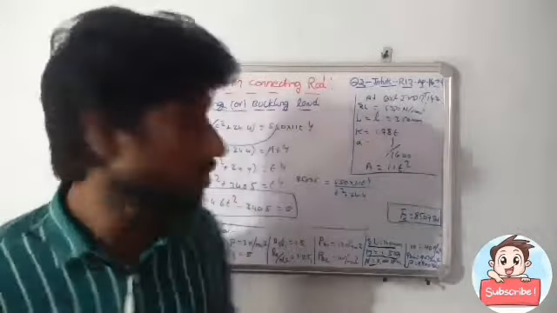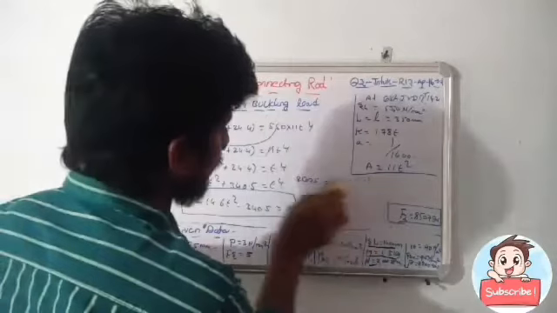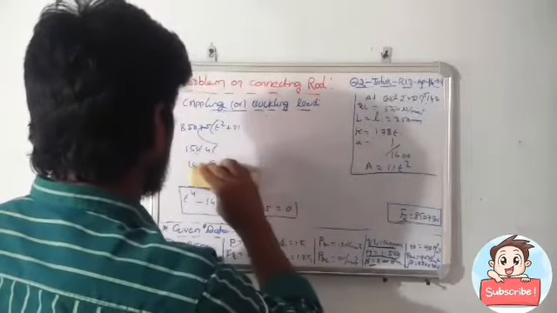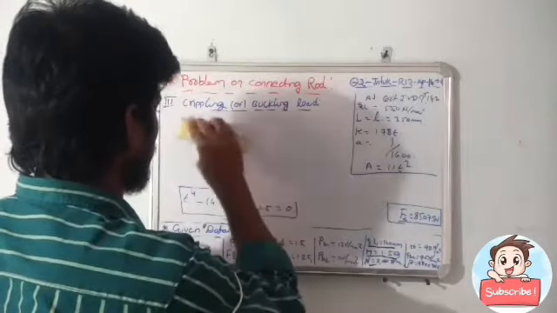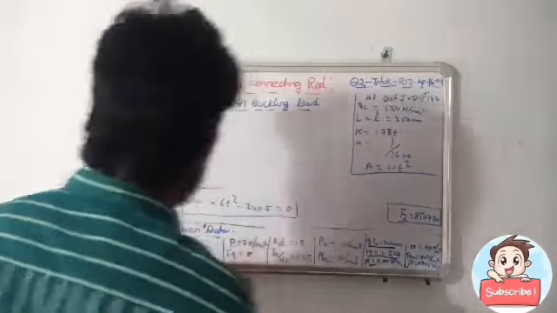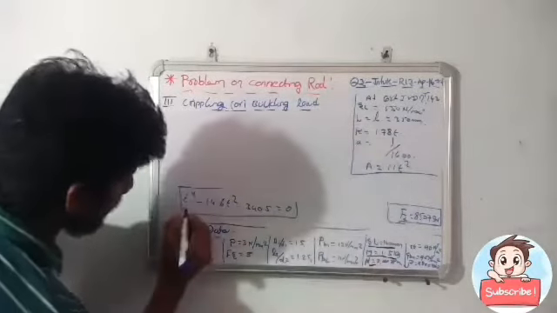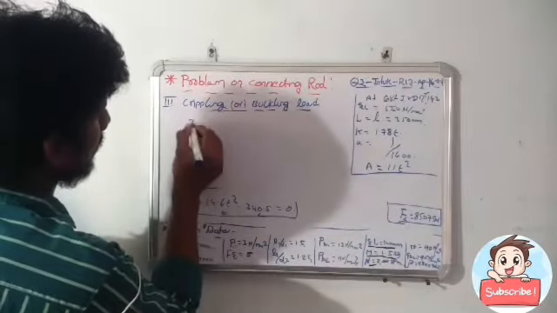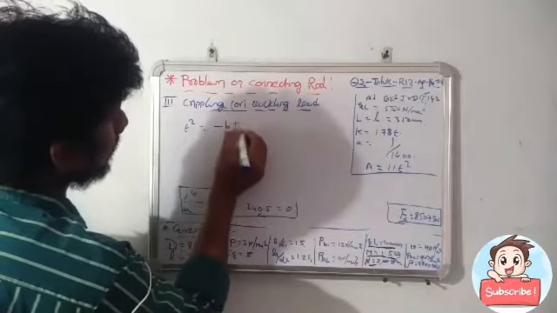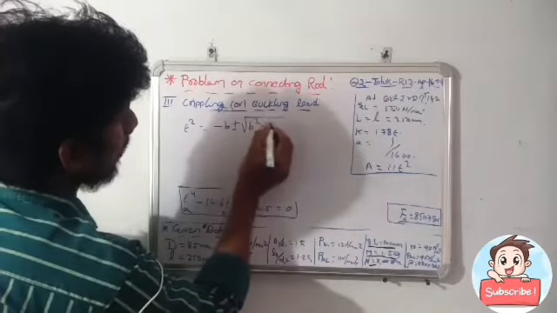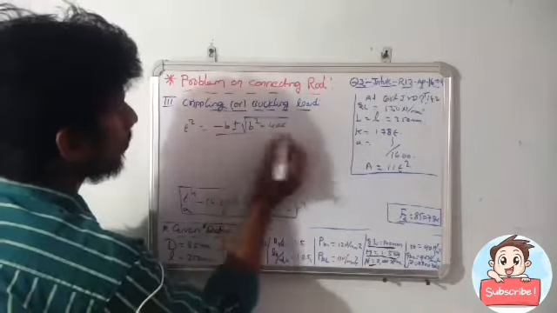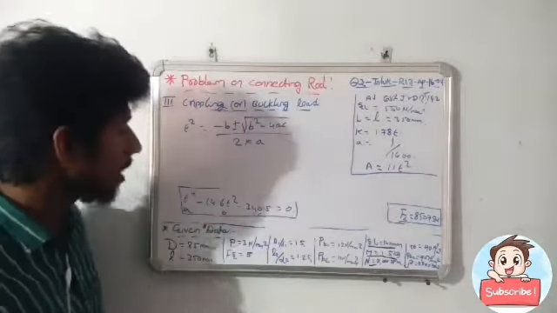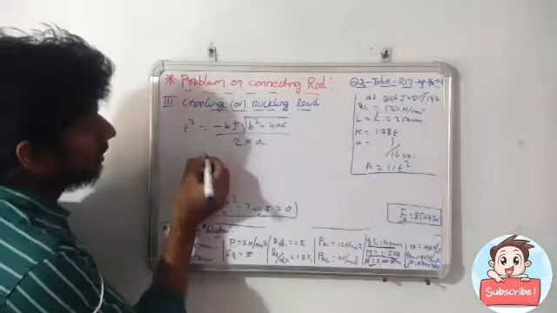So applying the quadratic formula here, let us consider this term as a, b and c. So t square equals minus b plus or minus root b square minus 4ac whole divided by 2 into a.